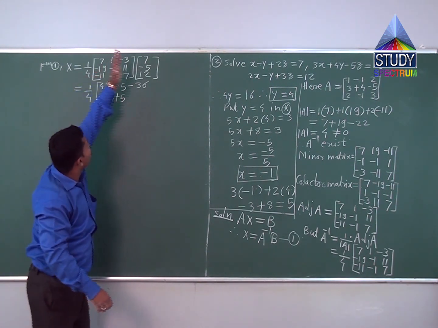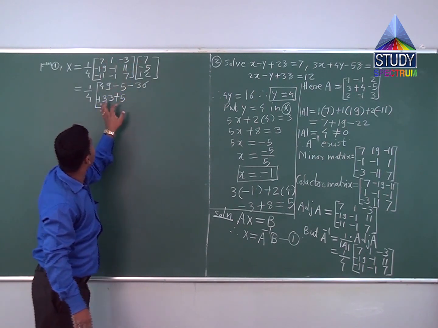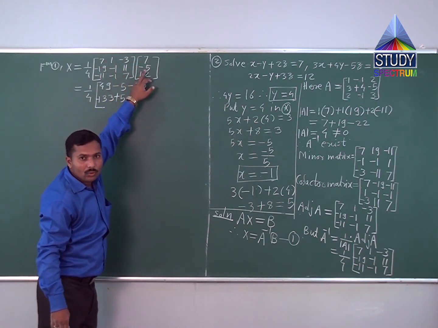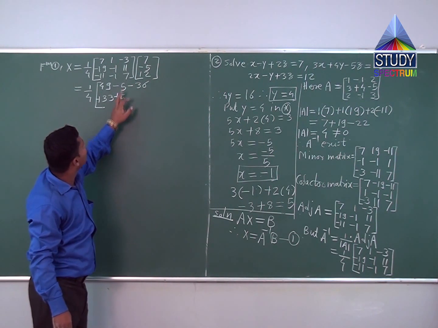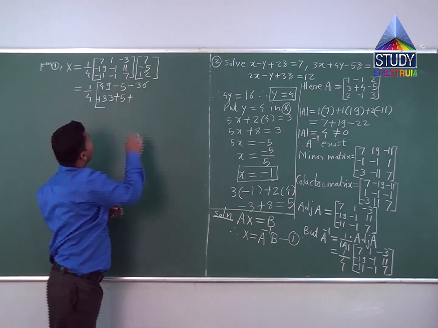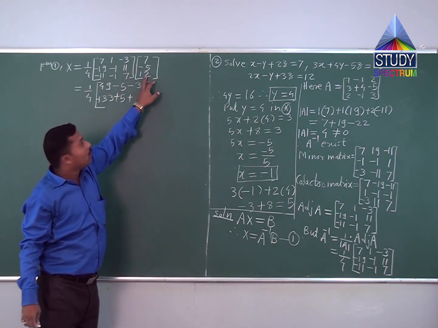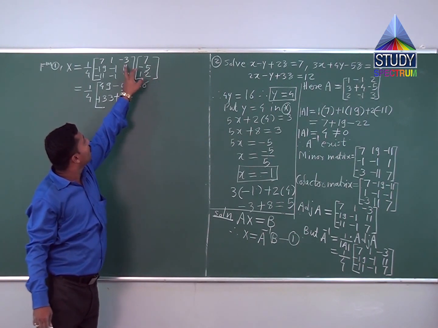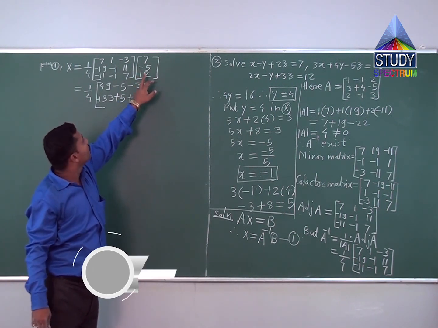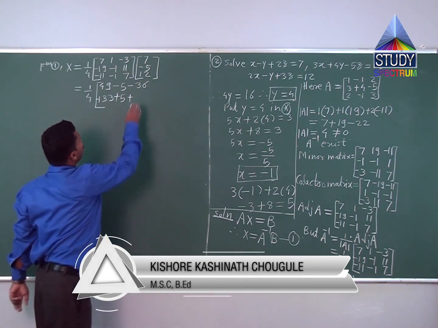My second row, second column: minus 19 into 7 is minus 133, minus 1 into minus 5 is plus 5, and plus 11 into 12 means 12 into 10 is 120, 120 plus 12, 132.